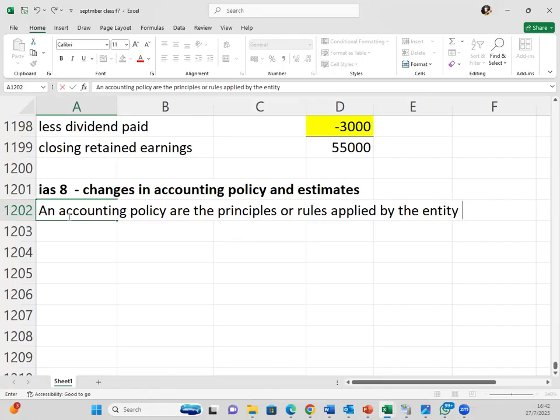The principles or rules applied by the entity in preparing and presenting the financial statements.